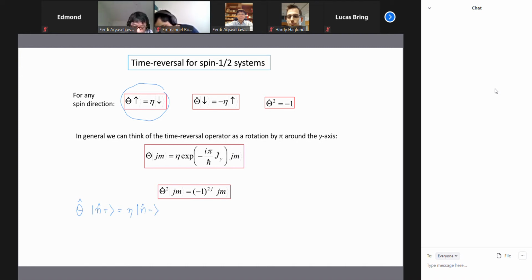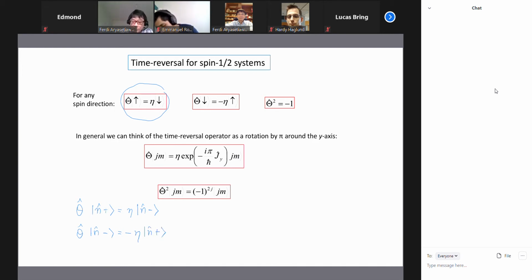And if we apply this to spin down, then we have a minus sign, and plus. So I think this is clear.